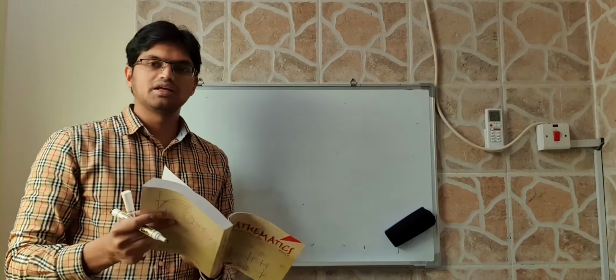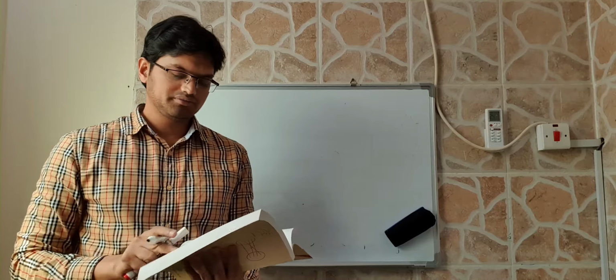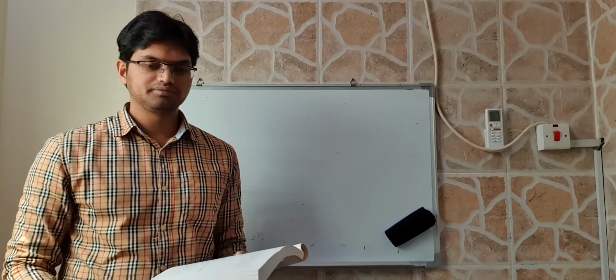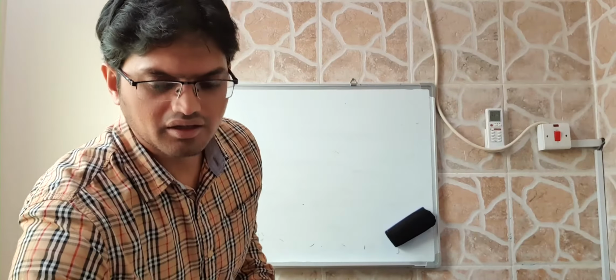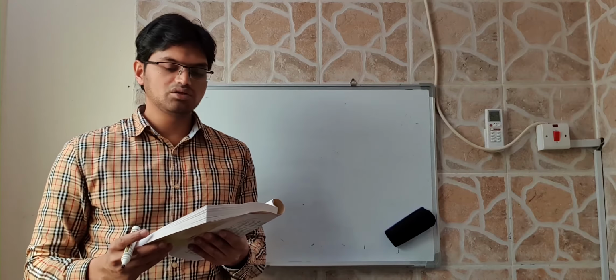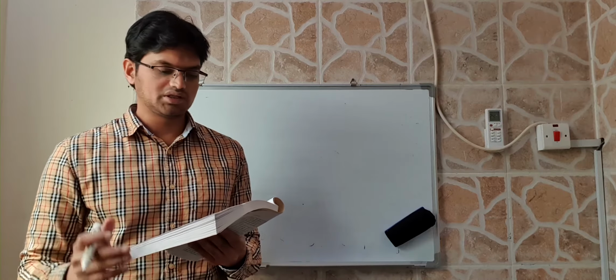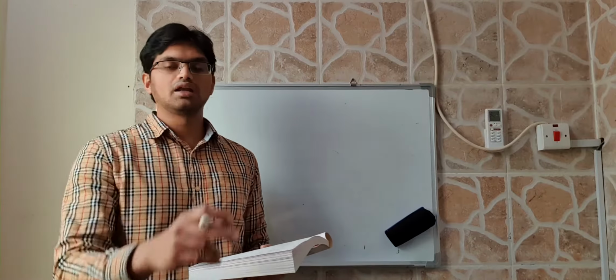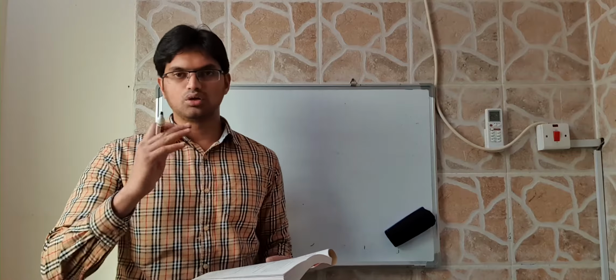So let me take our NCERT question number 1. I'll just read this. Determine whether each of the following relations is reflexive, symmetric, and transitive. In short, they are asking whether the relation is an equivalence relation or not.